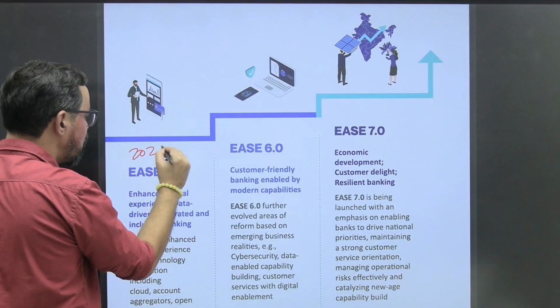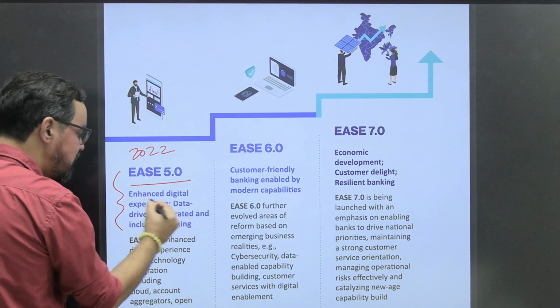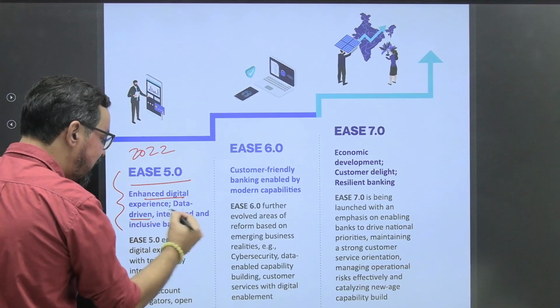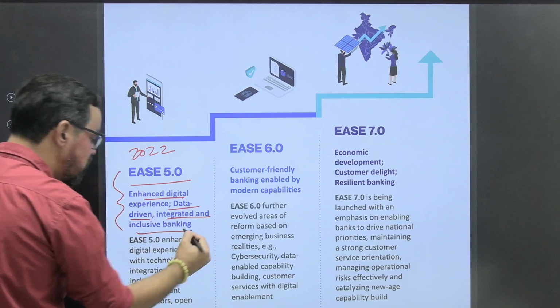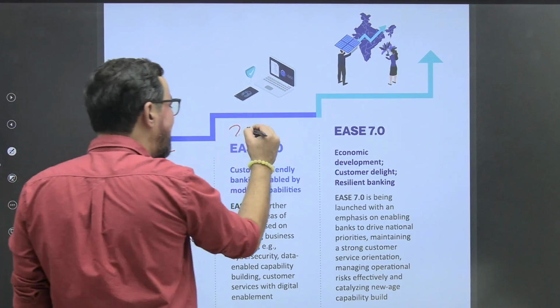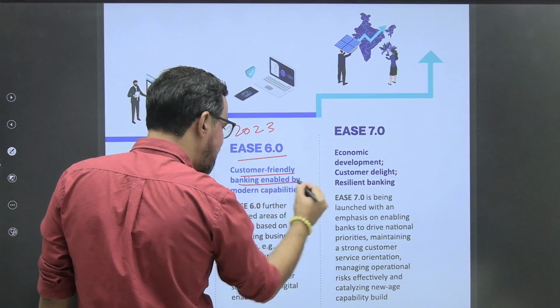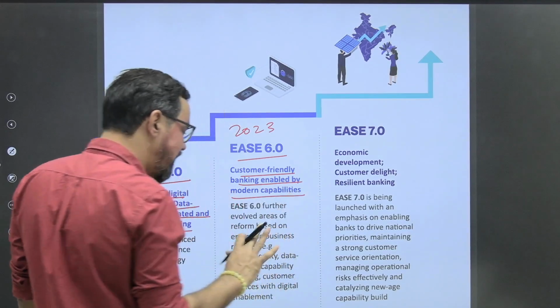2022 is 5.0, which focused on enhanced digital experiences, data-driven, integrated and inclusive banking. So enhance digital experience with technology integration, including cloud, account aggregator and open APIs. 2023 is 6.0: customer-friendly banking enabled by modern capabilities.